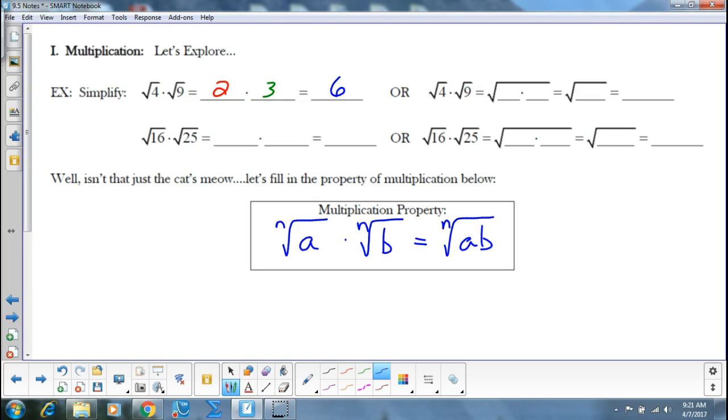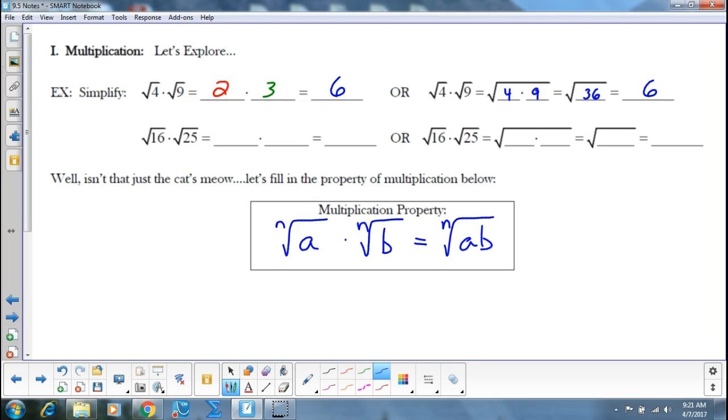Or you could say the square root of 4 times the square root of 9 is the square root of 4 times 9, which is the square root of 36, which is 6. Doesn't matter which way you go.